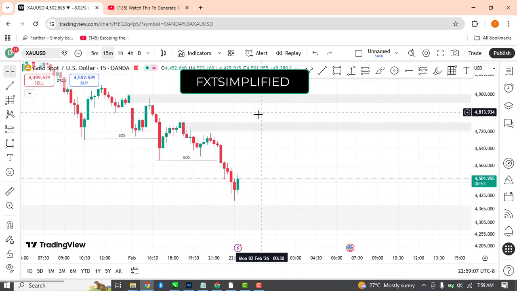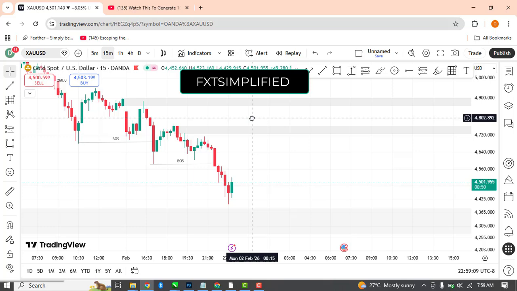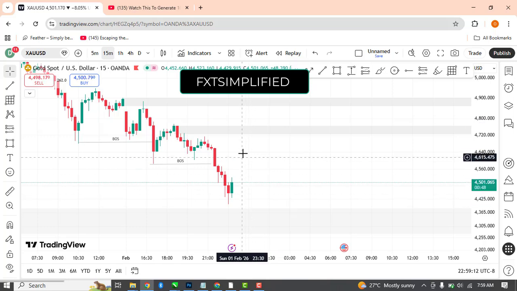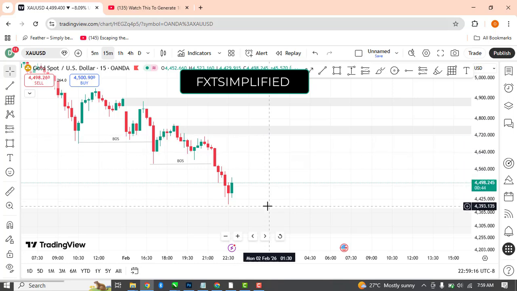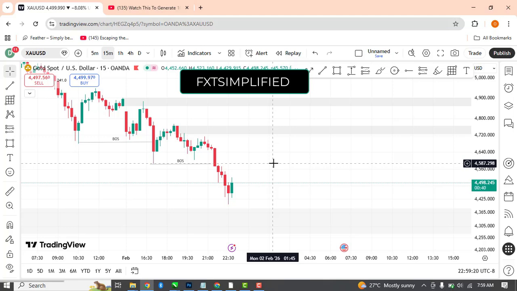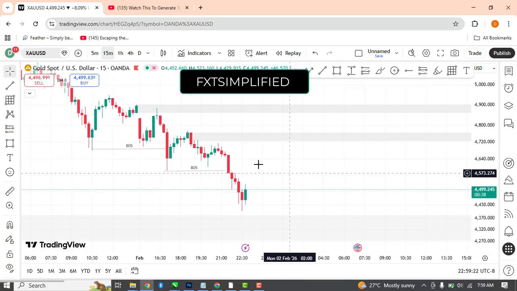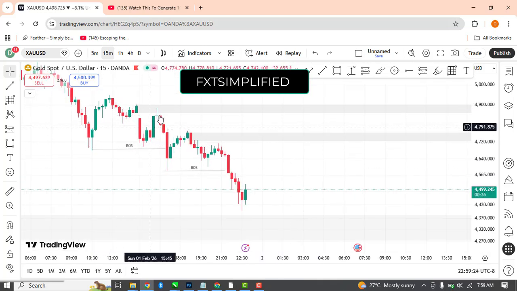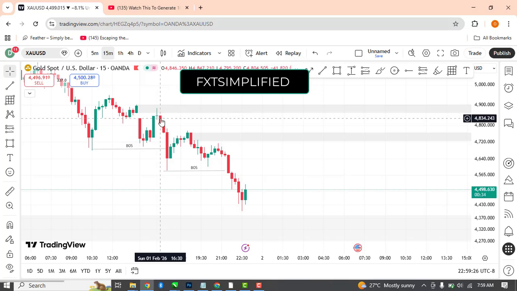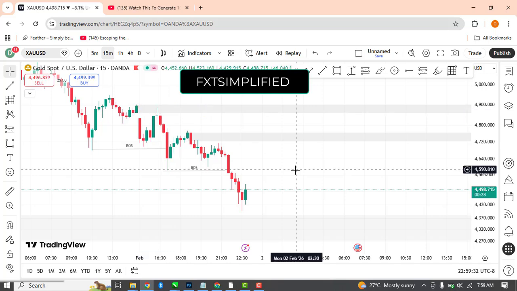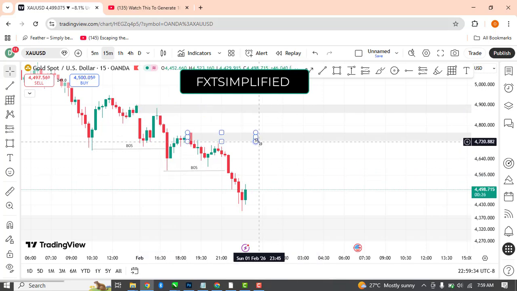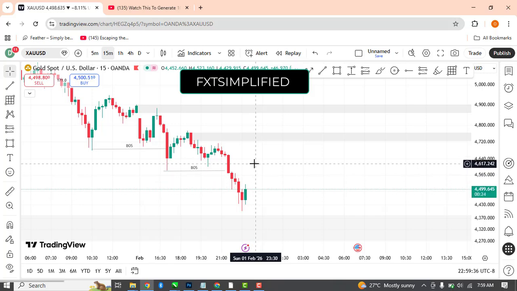But let us assume that price is going to come all the way up here before it continues the downward movement, okay? What I'll be expecting is that this break of structure right there has already been retested, so this zone is not really valid anymore. This is the zone that we'll be looking out for. So price could potentially move to the upside.